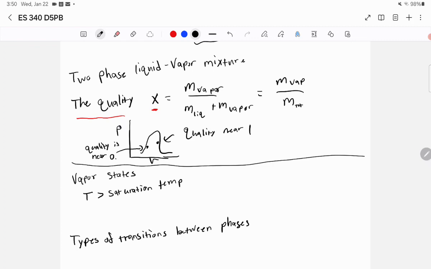And you can also see just from this plot that the specific volume must be greater than the specific volume of the saturated vapor.